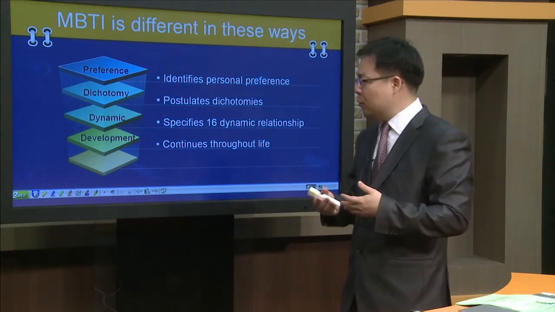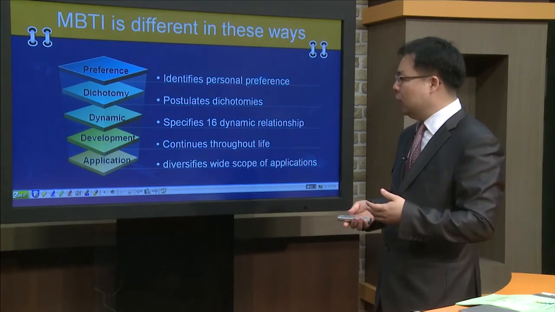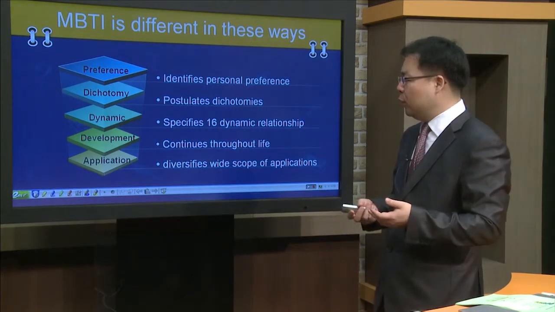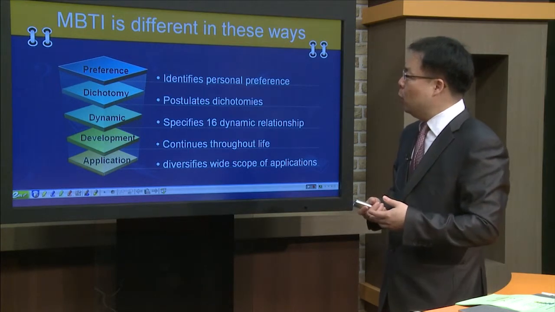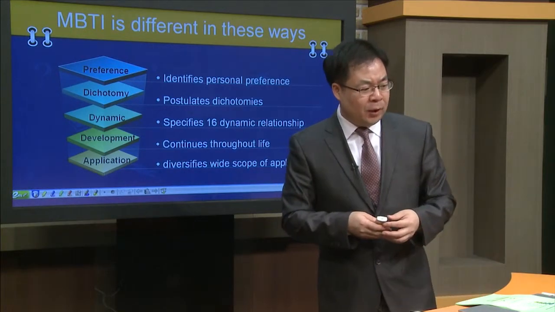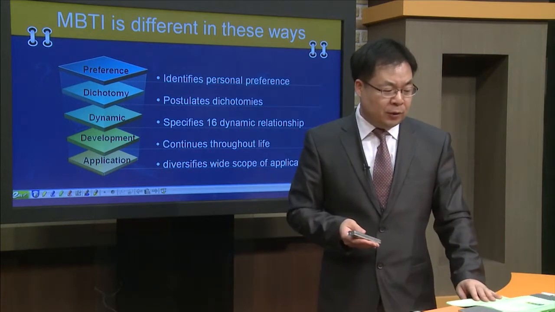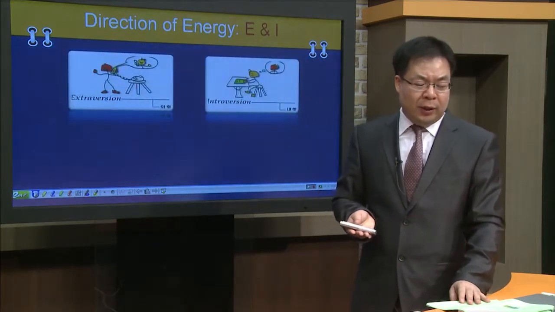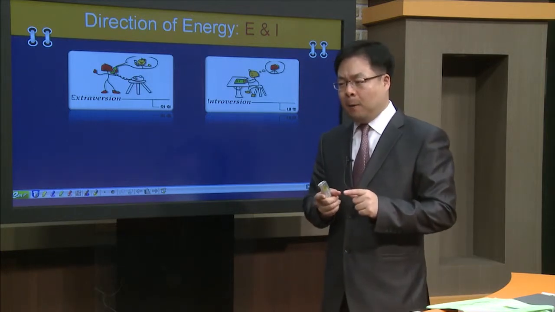So we will talk about some development issues as well. The last one is that we can apply this result in many different settings. So MBTI has very different characteristics compared to other personality testing. Let's take a look at each indicator first.